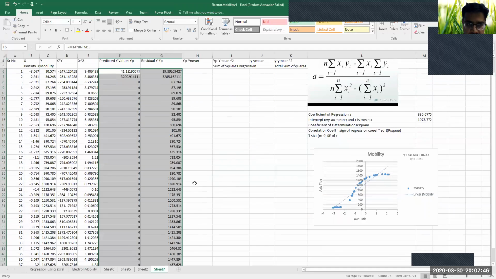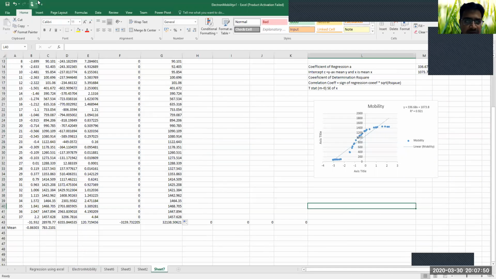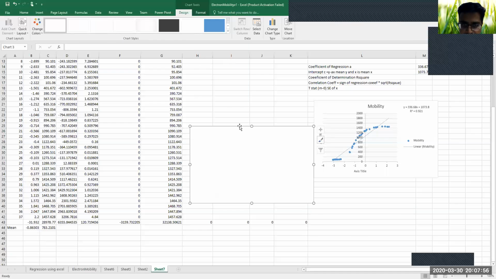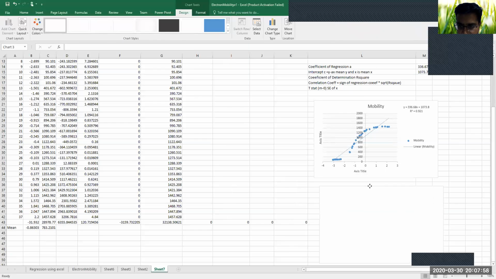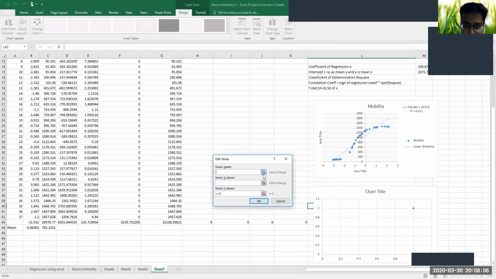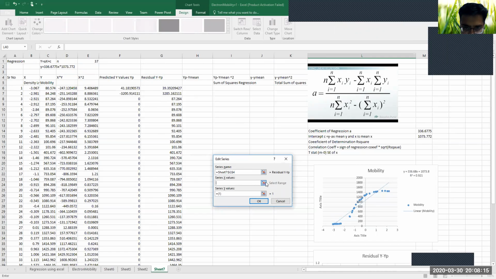Okay, and now we'll plot another plot which is called a residual plot. So residual plot is also a scatter plot, which should be, to accept the regression model, a random distribution. Let's see whether we get a random distribution or do we get a pattern inside this. So select the range. It's a residual. Select x values.